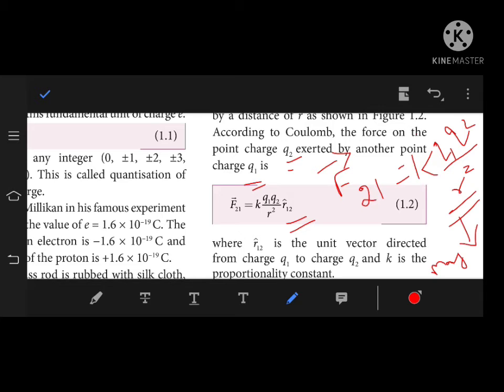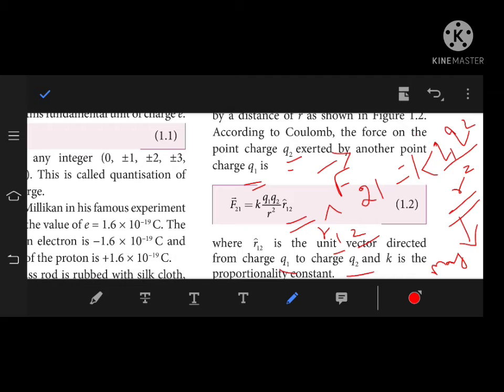That is the r12 cap. It's a unit vector, the value of that vector is 1. It gives the direction from charge 1 to 2.